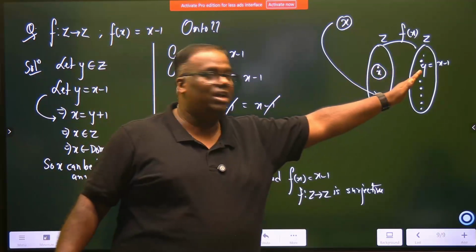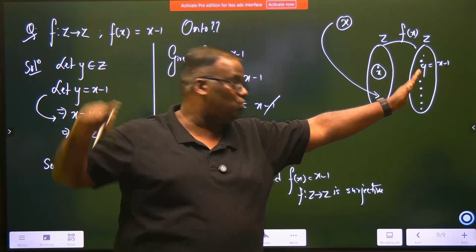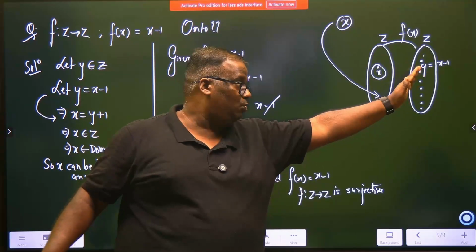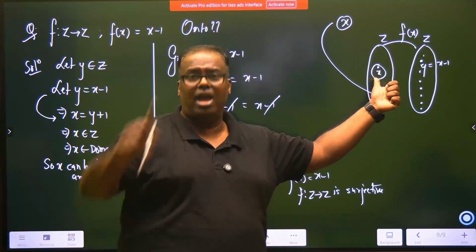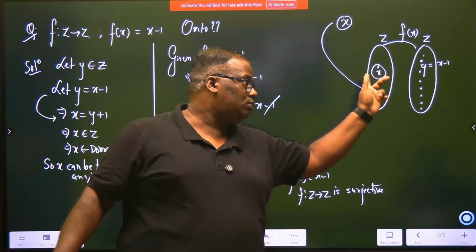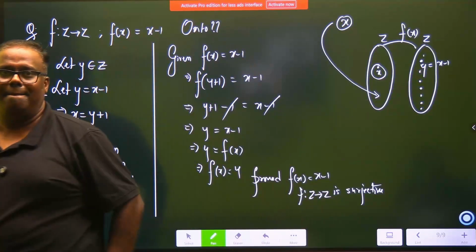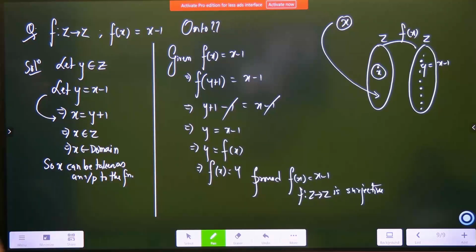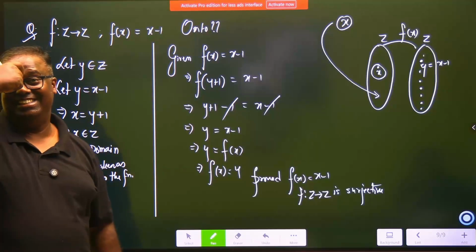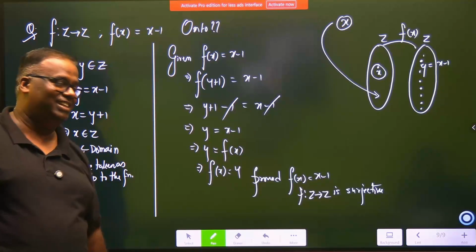The definition is like this: show me one y here. For this y, I should find at least one x whose function value is this y. I would have been very happy if it was done directly here. I would have written less and life would have been easy. But it's not like that.